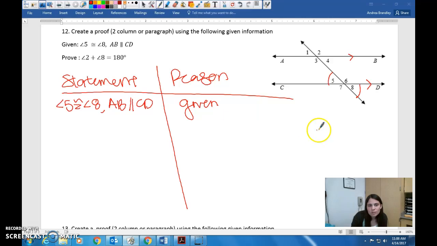So I kind of need to move my way up to angle 2 to figure out what angle 2 is. So first of all, I know that angle 5 and angle 1 are congruent, which is getting closer to 2. So angle 5 is congruent to angle 1 because they're corresponding angles.